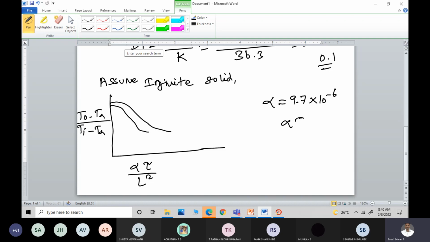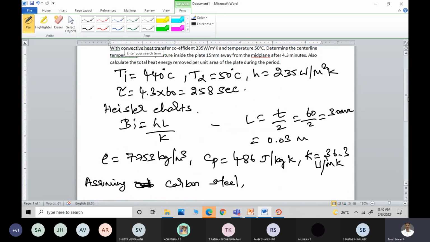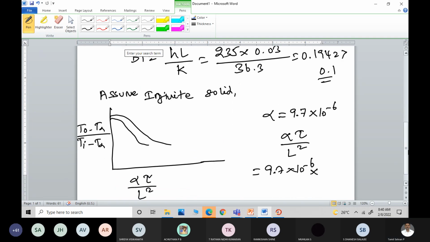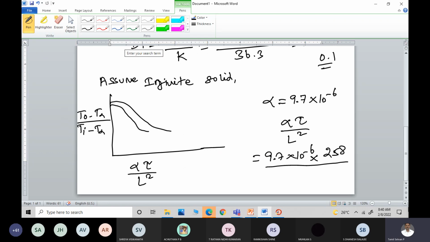Now alpha tau by L squared: 9.7 into 10 power minus 6 times tau. What is the time given in the problem? After 4.3 minutes. How much in seconds? 258 seconds. So 258 divided by L squared. What is L, the characteristic length? 0.03 meters, the whole squared. So what is the alpha tau by L squared value?